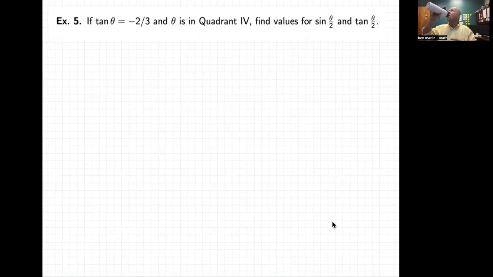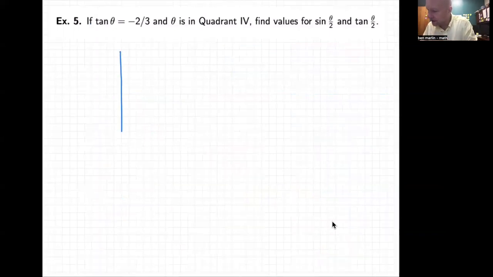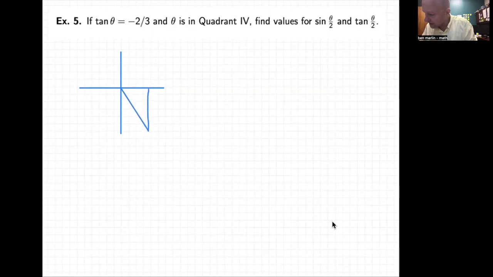So we're going to figure out the pieces here for something that is in quadrant 4, with, let's see, maybe that far down. So that is what we're thinking about for our angle, either the angle between 0 and 2 pi or the negative angle, either way.